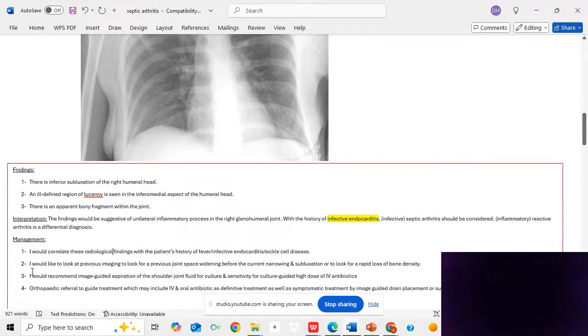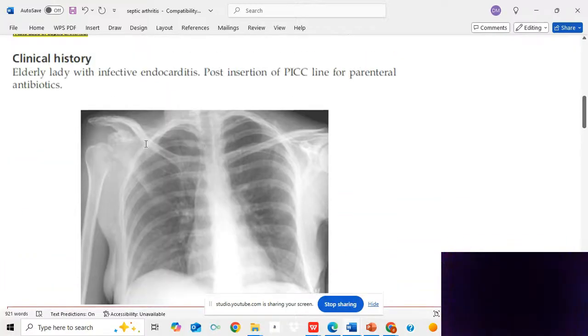So this is very important. I would like to look at previous imaging, to look at previous joint space widening before the current narrowing and subluxation, or to look for a rapid loss of bone density.